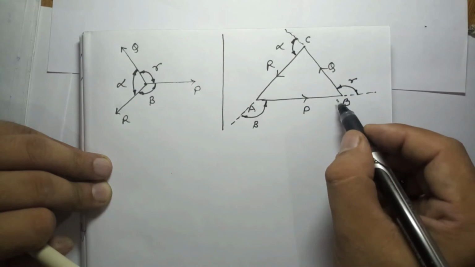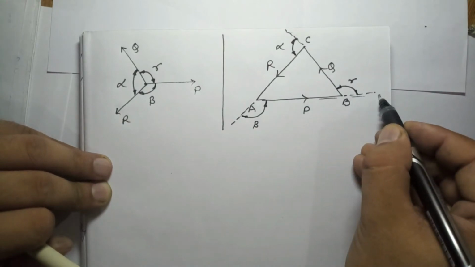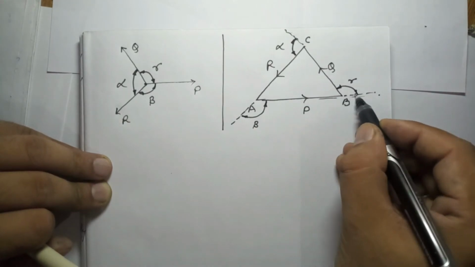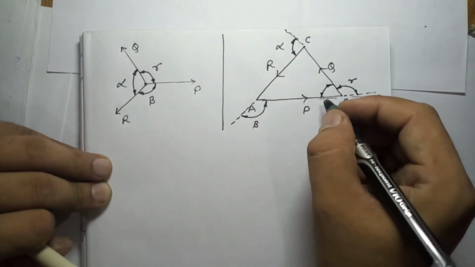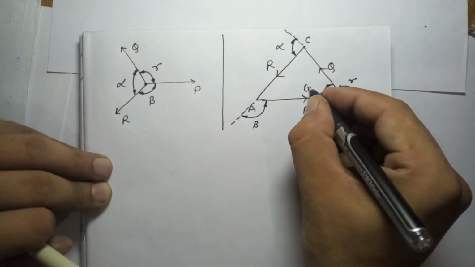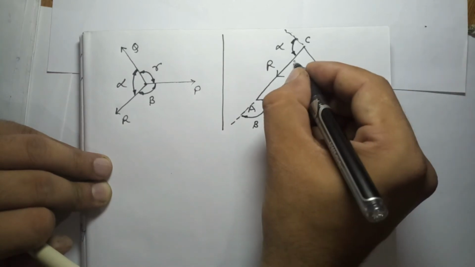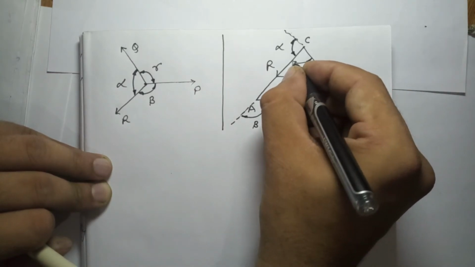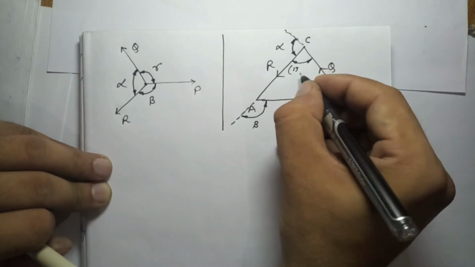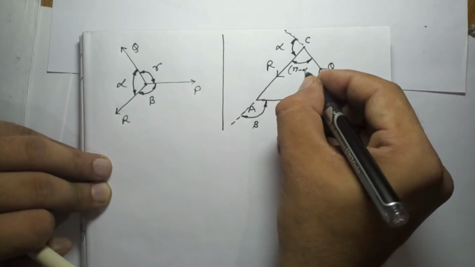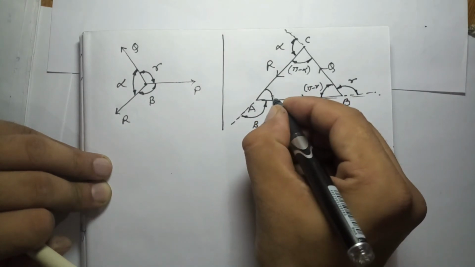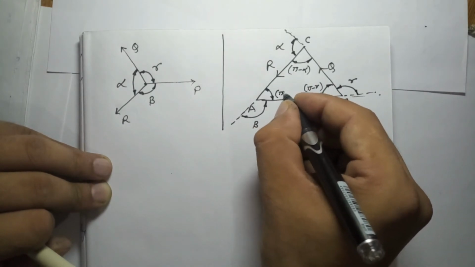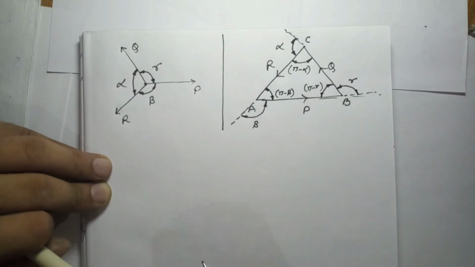Now if this is 180 and this is gamma, what will this angle be? This is pi minus gamma. In the same way, this angle will be pi, pi meaning 180, minus alpha, because this is alpha. Now in the same way this angle will be pi minus beta, right?